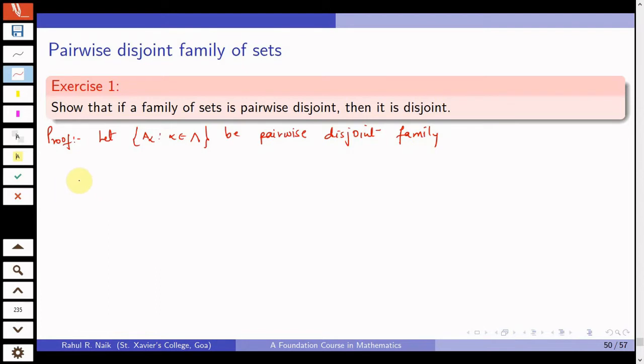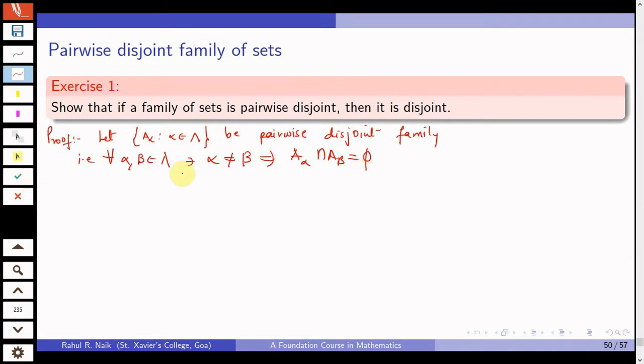So to show that it is disjoint, first I will write down the definition. That is, for every alpha, beta in lambda such that alpha not equal to beta, this implies that A alpha intersection A beta is empty. A alpha and A beta corresponding to alpha not equal to beta, for every alpha and beta in lambda, they are disjoint.